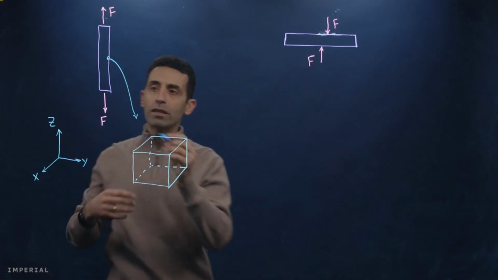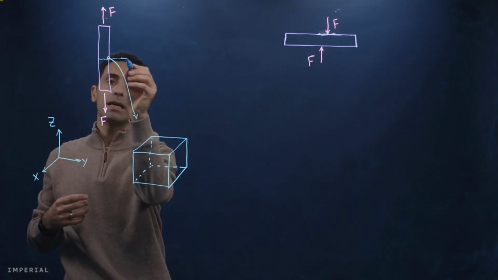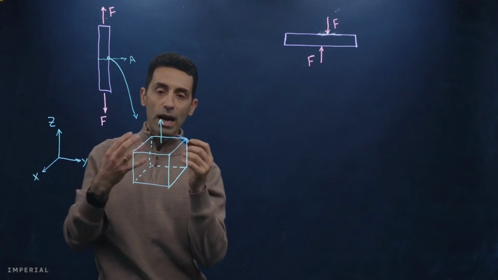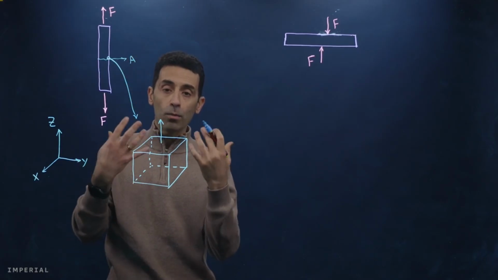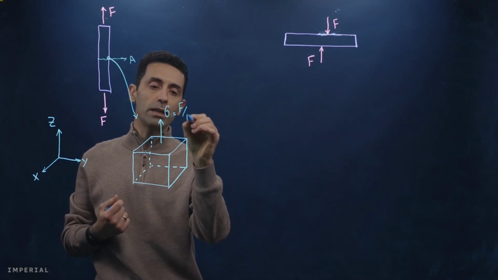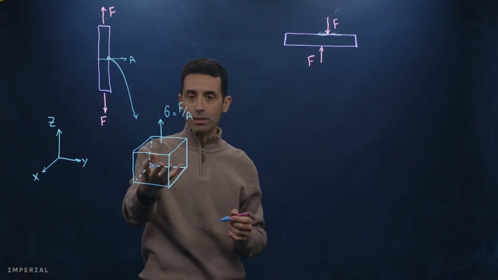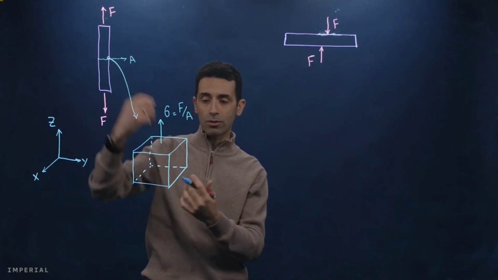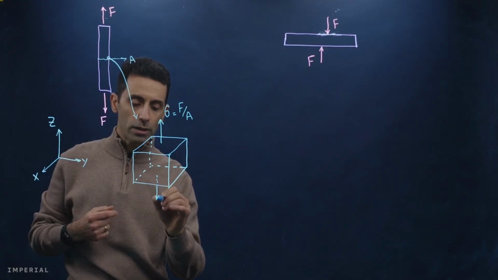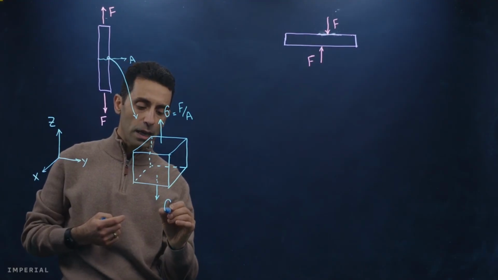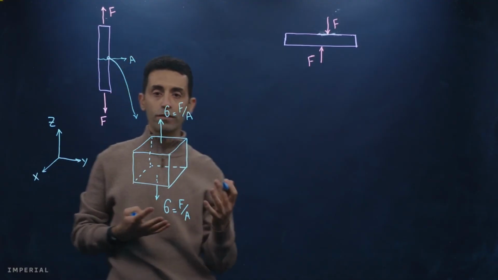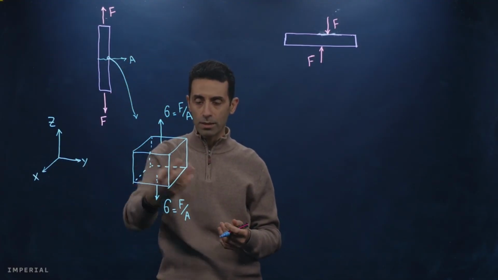If the cross-sectional area here is A, then on this face of our element we have a normal stress that is force divided by the area. Of course this element has to be in equilibrium because our structure is in equilibrium. Therefore on the opposite face, on the bottom, we have the same amount of stress, which is F divided by A. I'm sure you're familiar with the concept of normal stress this way.